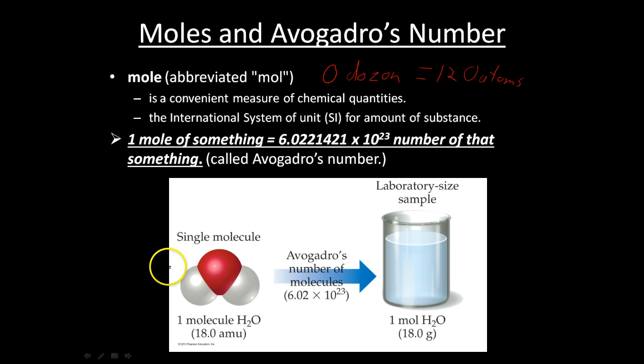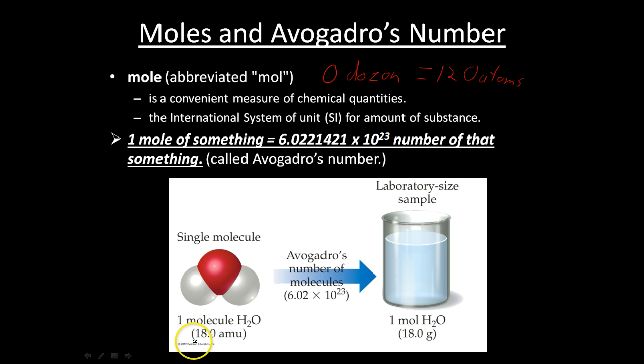And so the way it works is that if you have a particular molecule, say water, water has a molecular mass of 18.0 AMU. If you multiply this by this number, remember this is kind of like a dozen, if you have that many water molecules, you will end up with 18.0 grams.